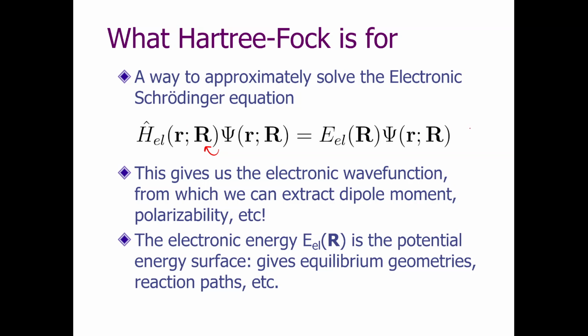This electronic energy is a function of R. So if you vary R, what you get is the potential energy surface that I will discuss in the next slide. This gives us the electronic wave function. Now if you have the electronic wave function, you can calculate various properties like dipole moment, polarizability, and other properties.